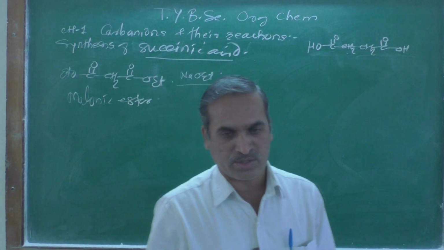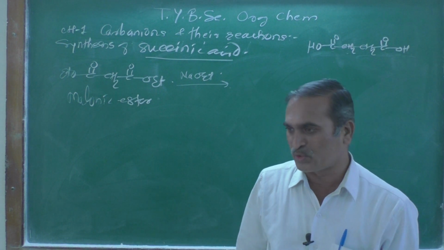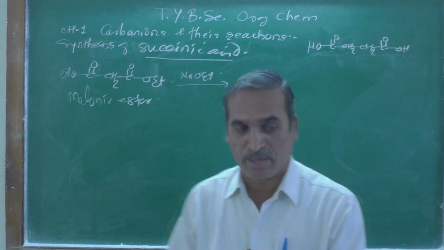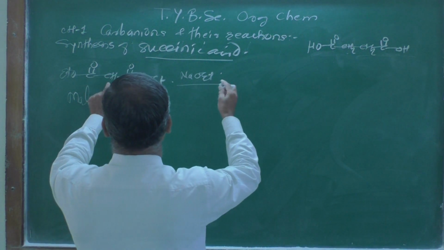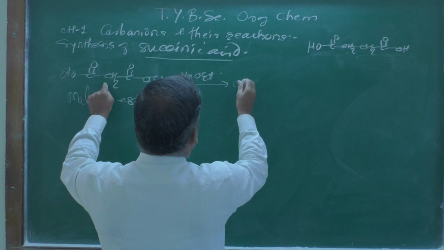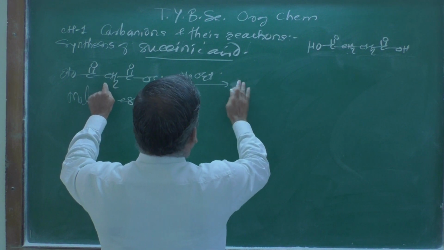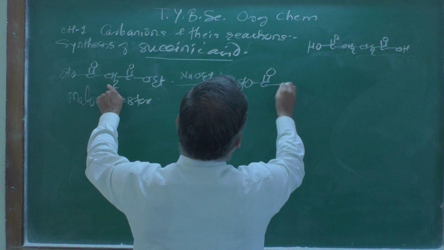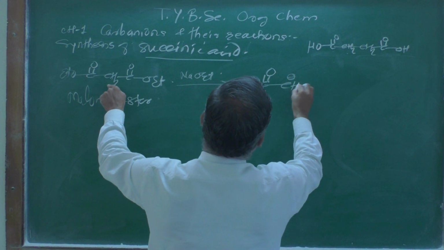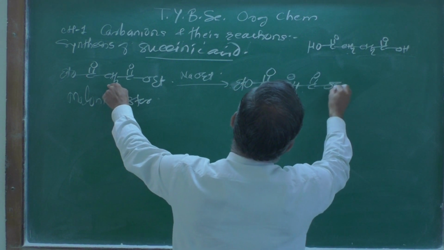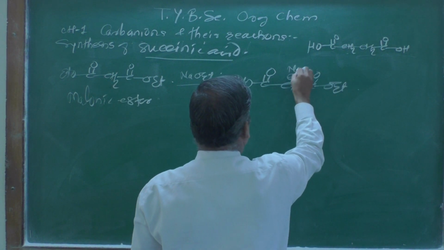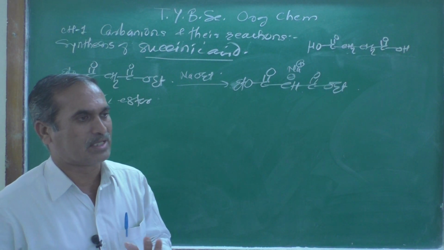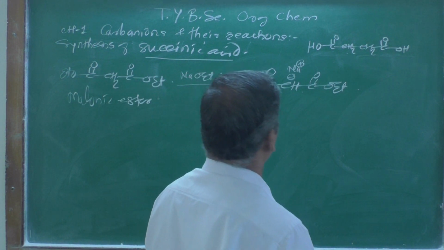The function of the base is to abstract the acidic proton, and finally you get a carbanion: EtO, C double bond O, CH with a minus charge, C double bond O, OEt. Here you can put Na plus; if you don't mention it, it doesn't make any difference.